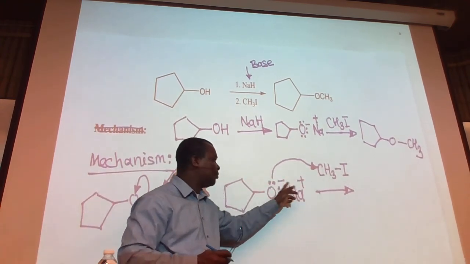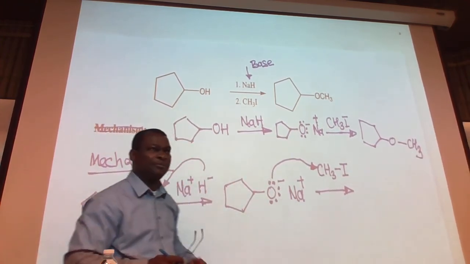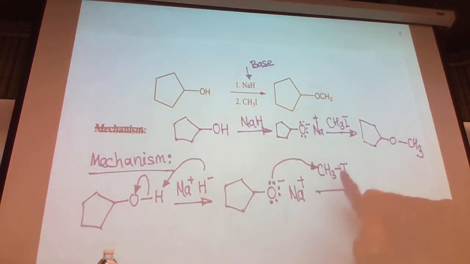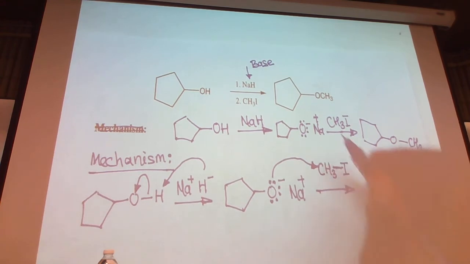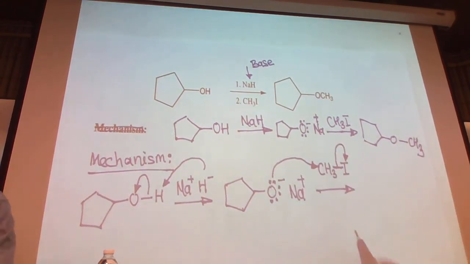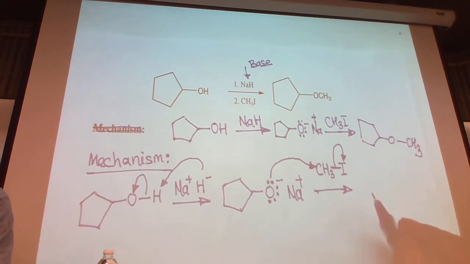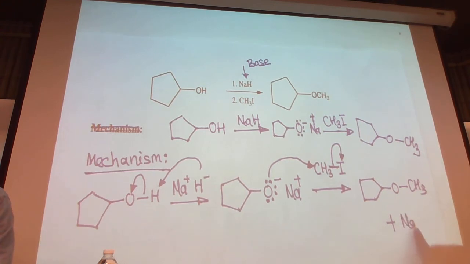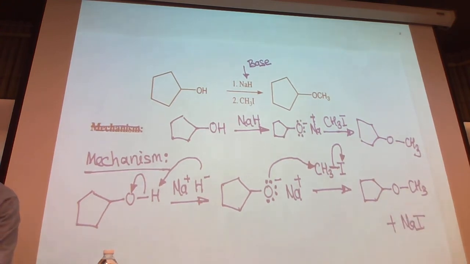Don't pick the negative charge; you're picking the electron. After that, the electrons in this bond are moved onto iodine, and you will get this, plus sodium iodide, which you basically don't care about.